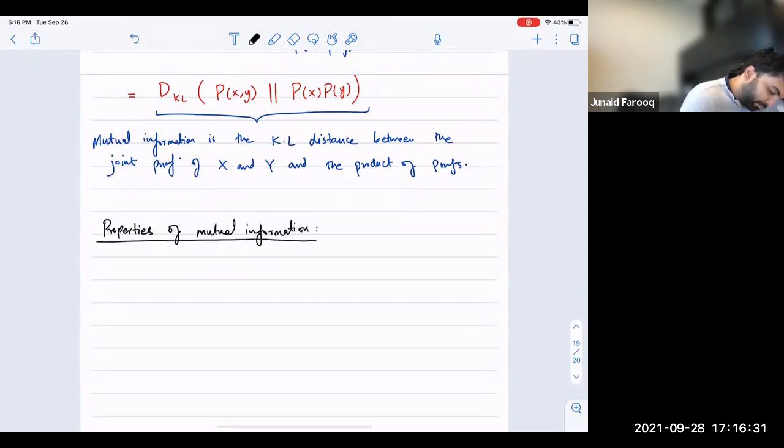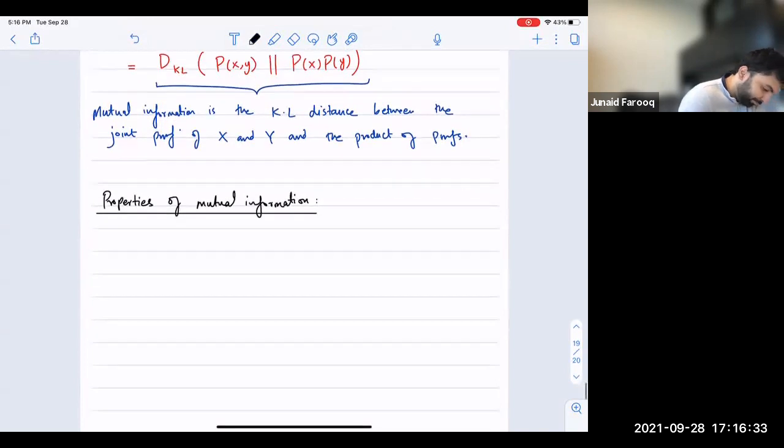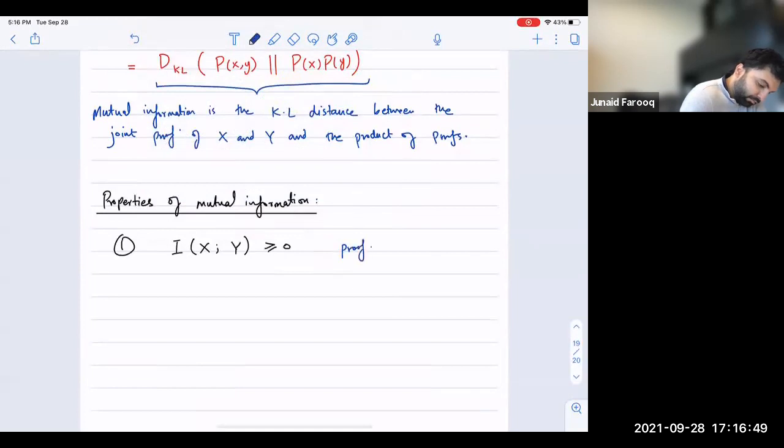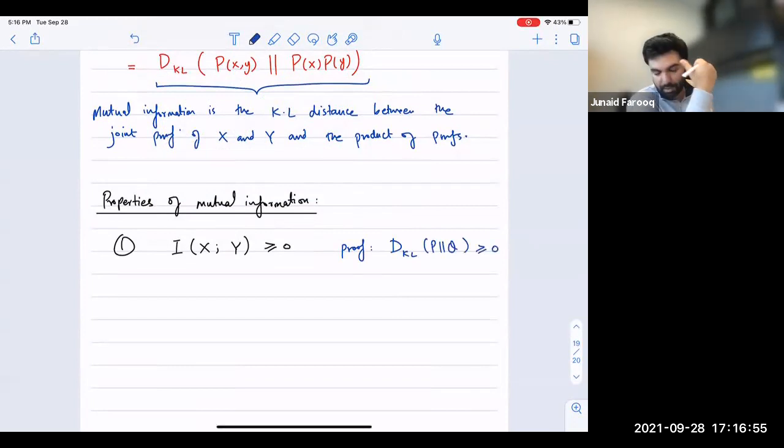So the first property is, again, mutual information between any two random variables X and Y is positive. And the proof is because DKL is always positive, right? So if the KL distance is positive, then mutual information, which is a special case of KL distance, is also positive.